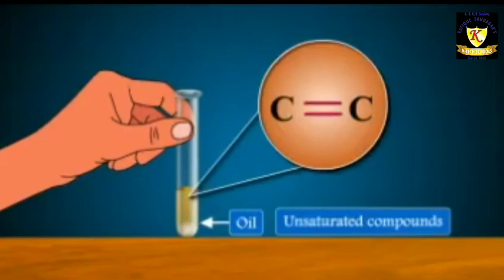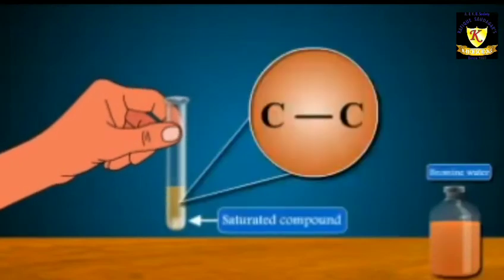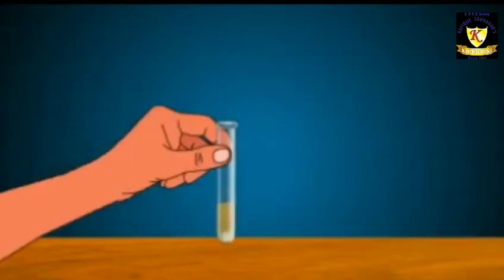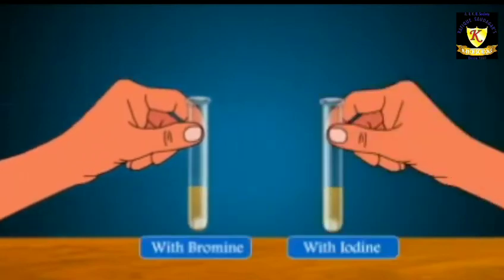Unsaturated compounds contain a multiple bond as their functional group. They undergo addition reaction to form a saturated compound as the product. The addition reaction of an unsaturated compound with iodine or bromine takes place instantly at room temperature. Moreover, the color change can be seen by the eyes.